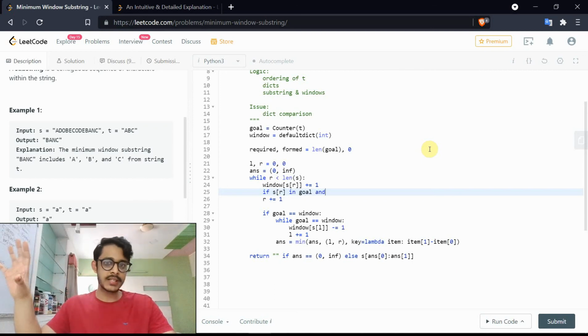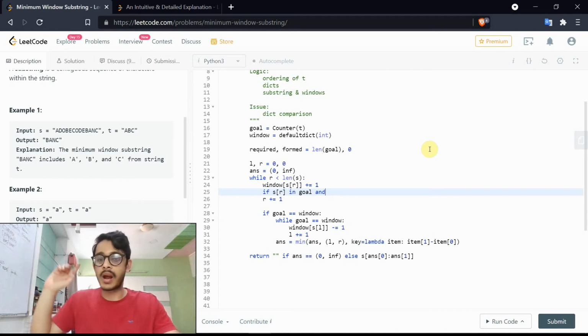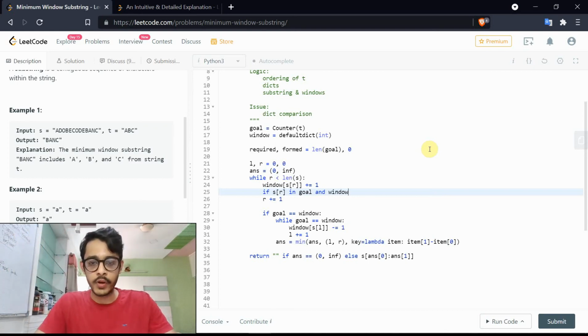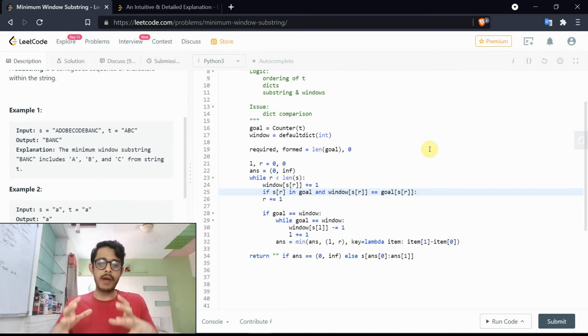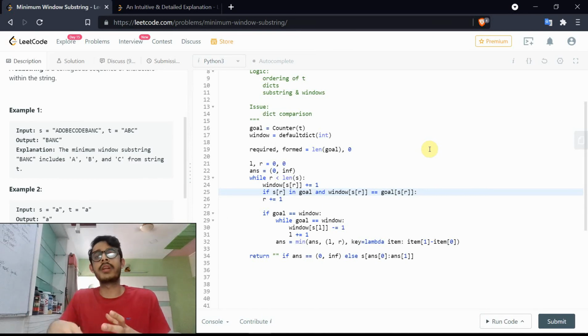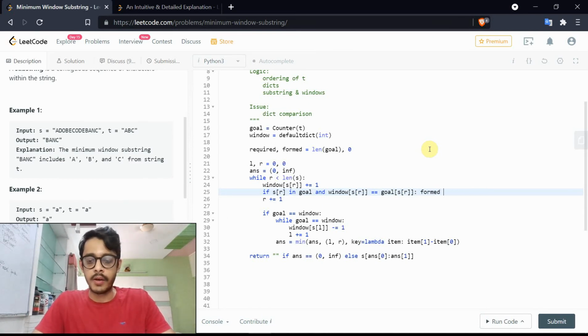If that value is inside of goal, which is what we're aiming for, and the current window has as many of these s of r's as the goal has. What I'm basically saying is not only have I found the right character, but I found it in the right amount. And as soon as I've done that, I can have formed plus equals 1.